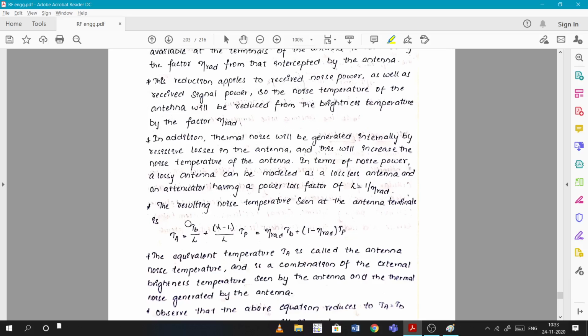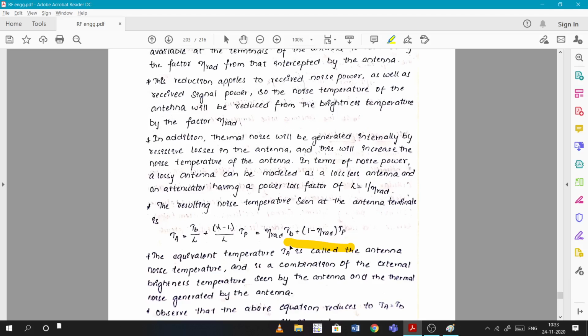So the resulting noise temperature Ta, as seen at the antenna terminals, is Tb by L plus (L minus 1) by L times Tp. Here L is 1 by eta radiated, and we substituted that in this formula.